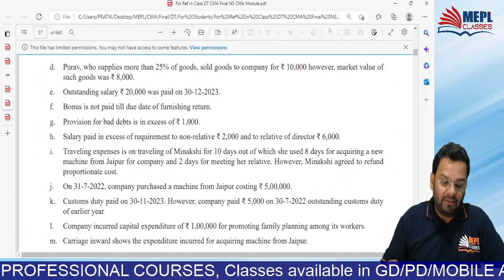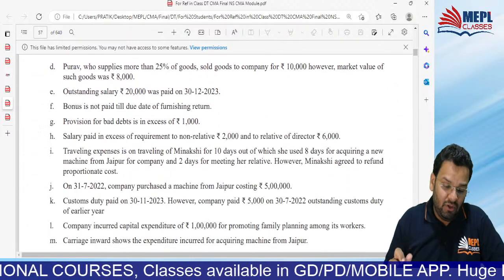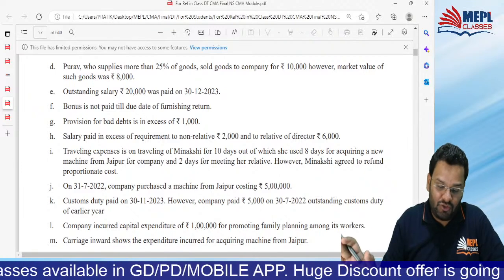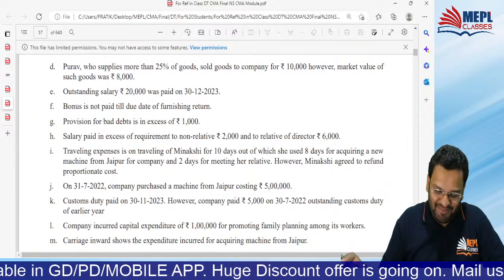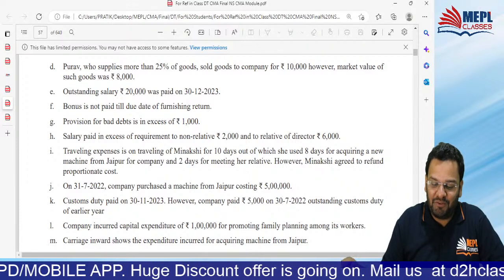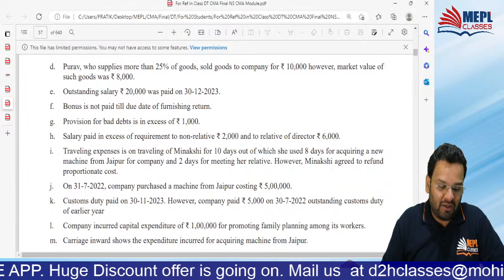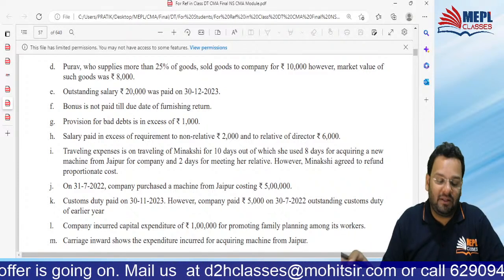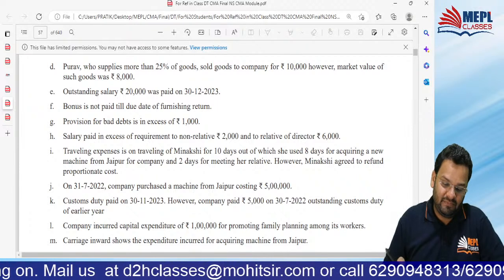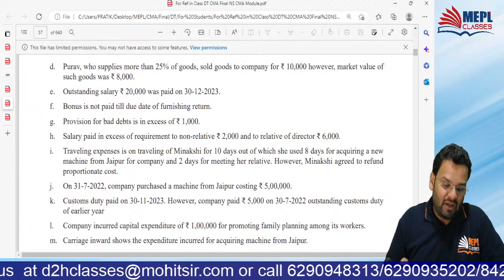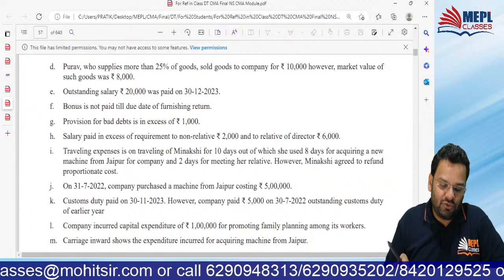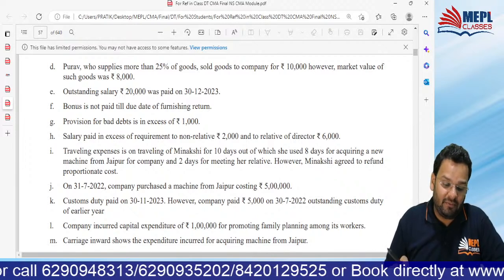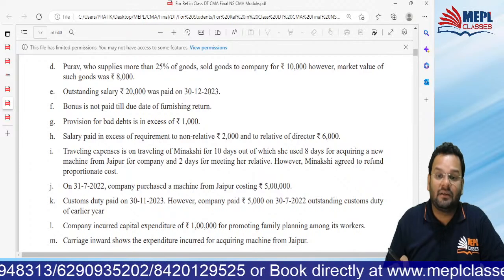Then Purav, who supplies more than 25% of goods, doesn't matter. He sold the goods to company for 10,000, but the market value was 8,000. Absolutely, it doesn't matter. Outstanding salary 20,000 was paid on 30 December 2023. Getting it?